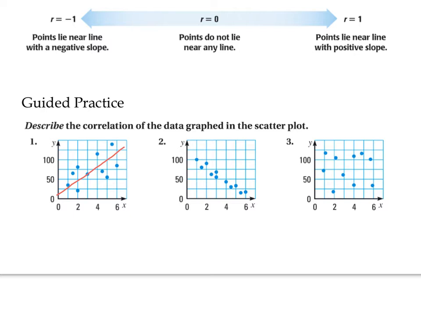So that would be a relatively weak positive correlation. And the correlation coefficient would be positive, but it'd be relatively close to 0, more so than 1, because those points aren't really that close to the line. So it might be a correlation coefficient of 1/2 or a little bit less than that.